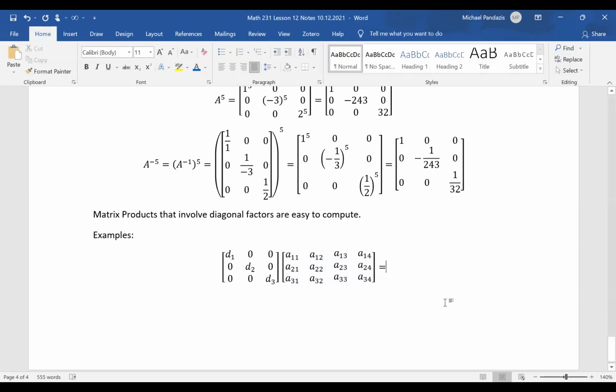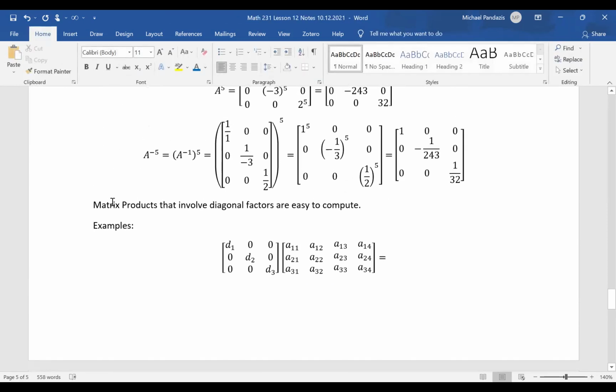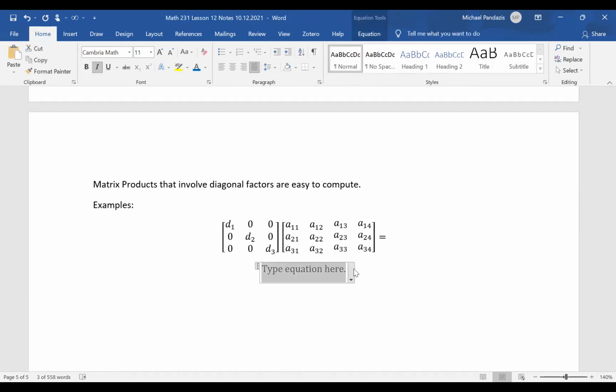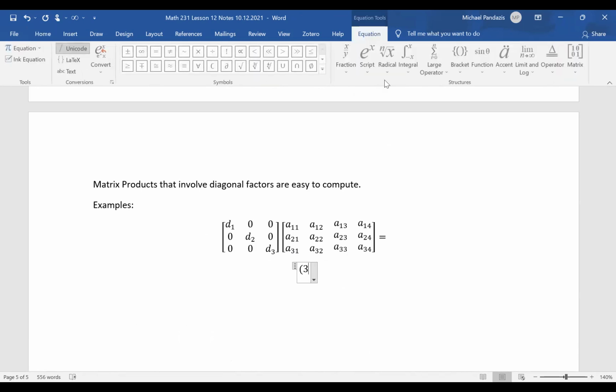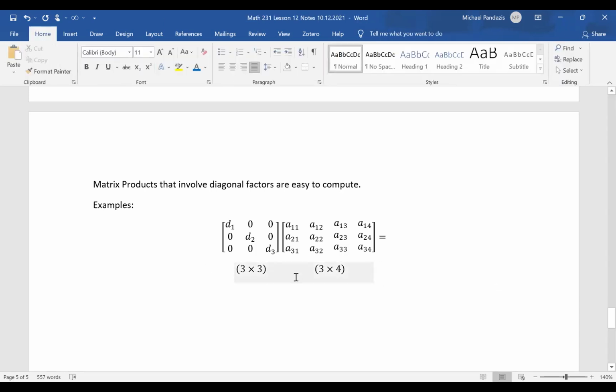If you think about what the sizes are, you have a 3 by 3 and a 3 by 4. So you're multiplying a 3 by 3 matrix by a 3 by 4 matrix.